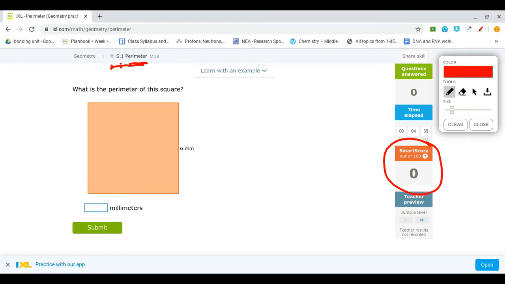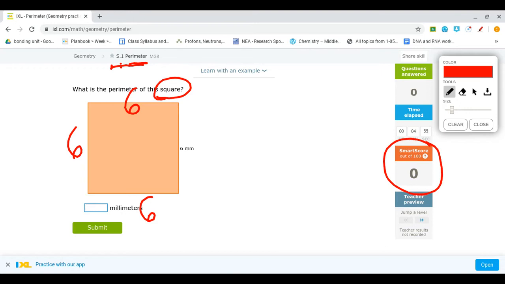Well, this is where you have to use your knowledge of what a square is. A square is a quadrilateral, meaning that it has four sides, and all of the sides are the same. So this side's 6, this side's 6, and this side is also 6, plus the original 6.